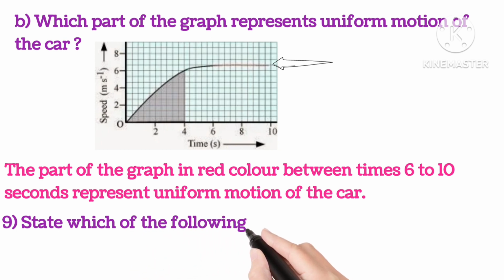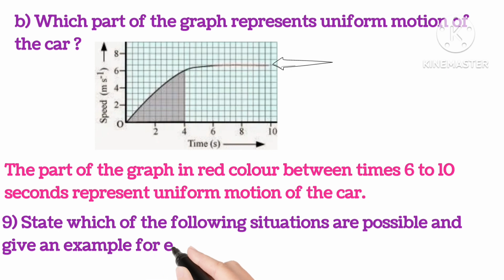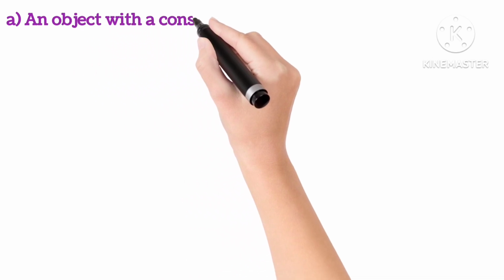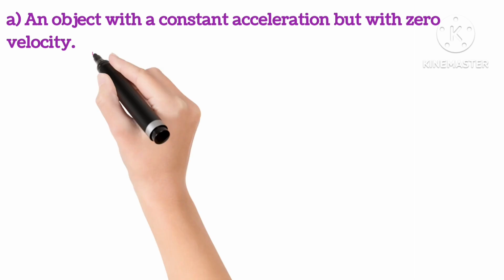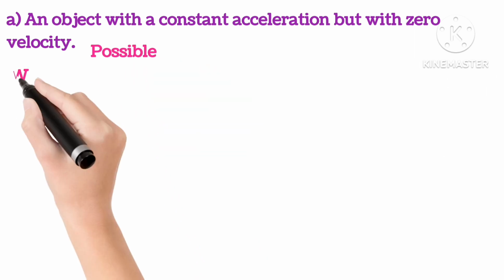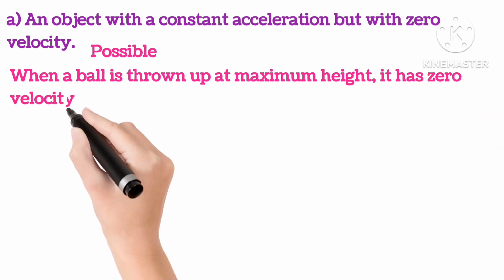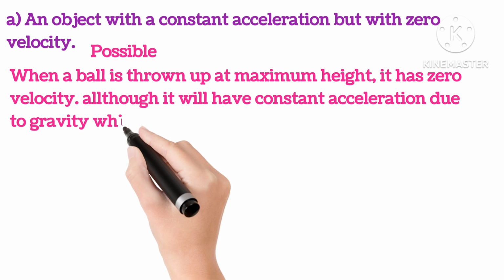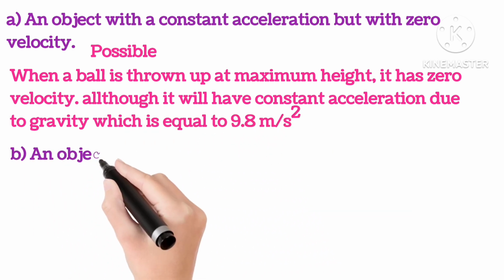9. State which of the following situations are possible and give an example for each of these. A. An object with a constant acceleration but with zero velocity. It is possible when a ball is thrown up, at maximum height it has zero velocity, although it will have a constant acceleration due to gravity, which is equal to 9.8 meter per second square.